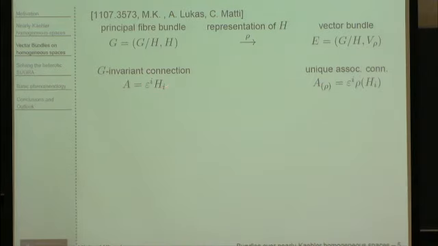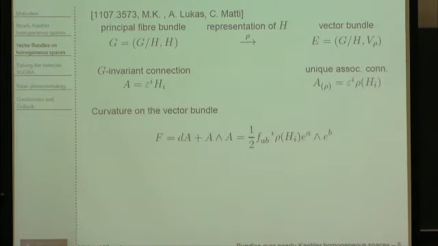Here H_I are the generators of the subgroup H, and epsilon^I will be, on G, the left invariant Maurer-Cartan forms in the direction of H. However, one problem is that from a coset point of view, they're not so easy to write down. However, if you compute the curvature, then they drop out. That's good news. So we don't have to actually care about them too much, and this simplifies the computations a lot.